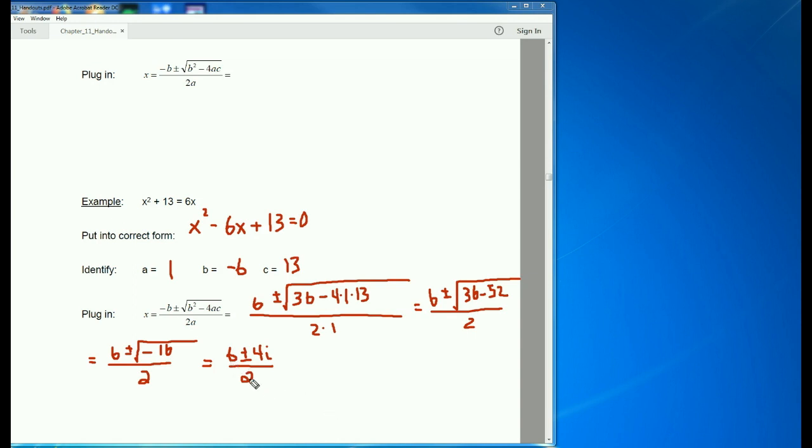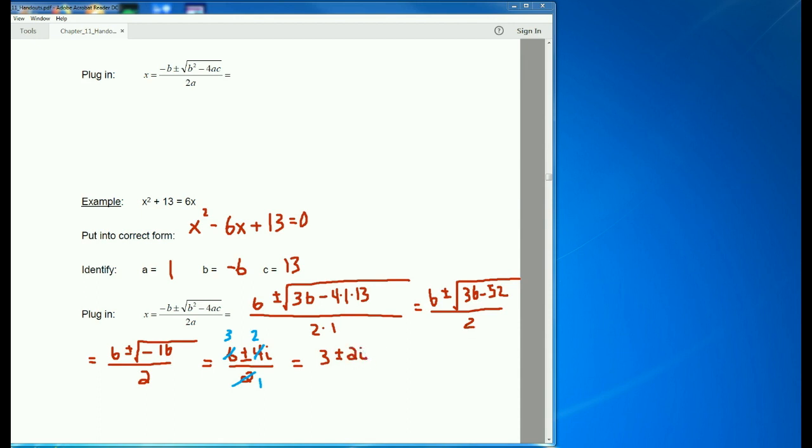And notice that we can take a factor of 2 out of both of these, because 6 divided by 2 is 3 and 4 divided by 2 is 2. So that effectively gets rid of our denominator. Now what we have is 3 plus or minus 2i.